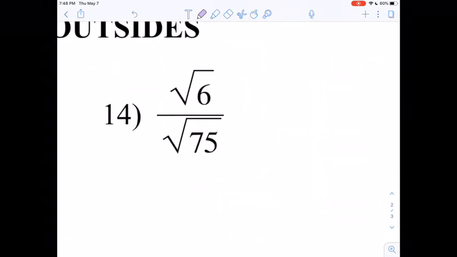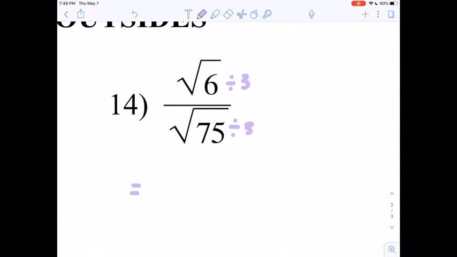Okay, with number 4, you can, like I said, simplify insides with insides. So think of like if you had the fraction 6 over 75, how would you simplify that? Like, what number could you divide both of those by? Well, I know that 3 goes into both 6 and 75, so I could change this.